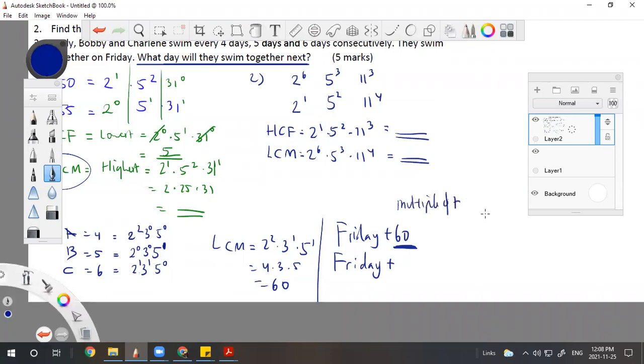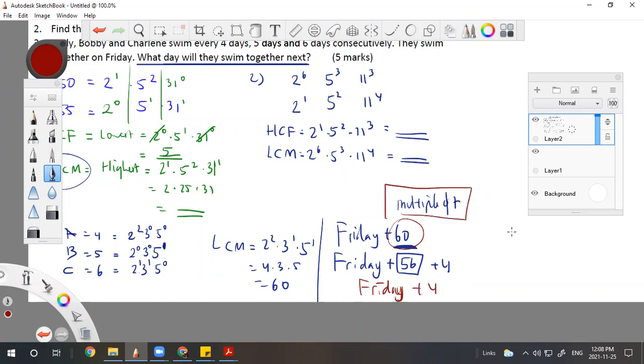Multiples of 7: 49, 7 times 8 is 56. Plus 4, because you are calculating 60 days. Friday plus 56 is another Friday, because 56 is a multiple of 7, then plus 4.